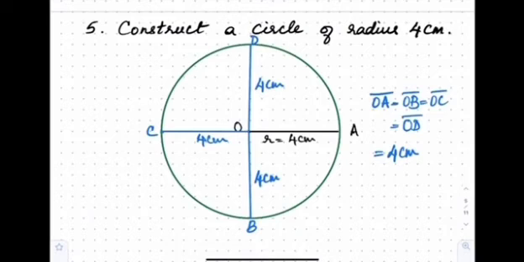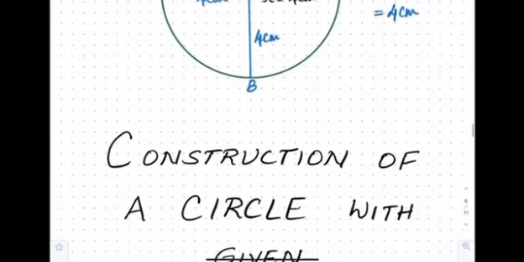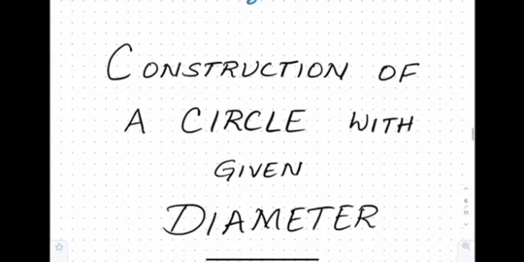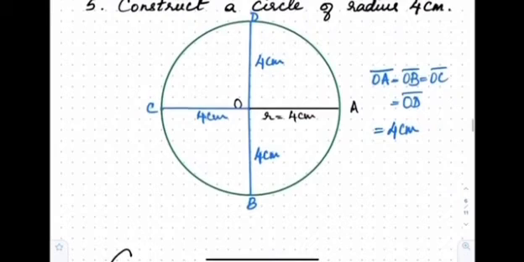Shall we move on? Till now we learnt about construction of a circle with given radius. Now, what if radius is not given, diameter is given? Construction of a circle with a given diameter is not that difficult, children. Diameter is nothing but double the radius. In the previous problem, AC is the diameter, correct?